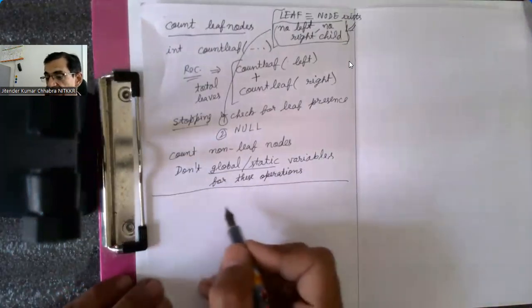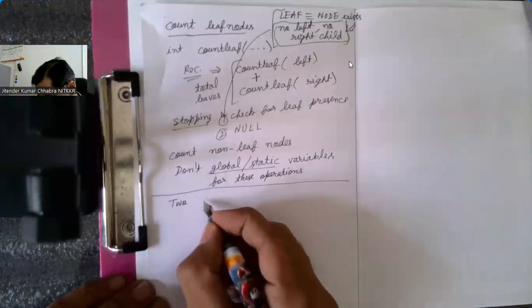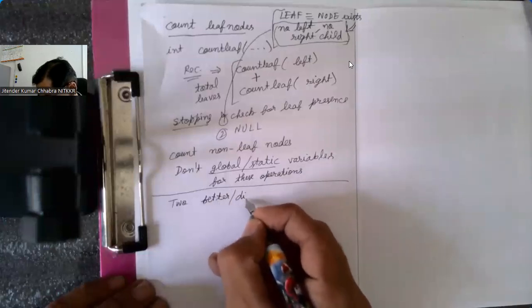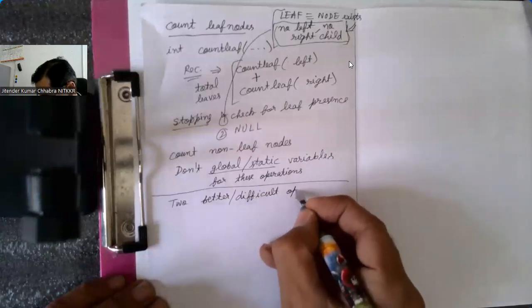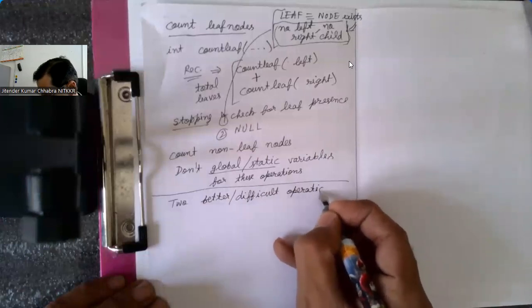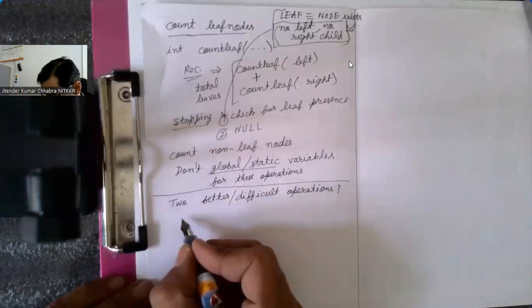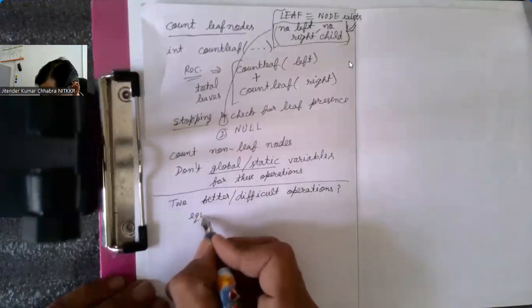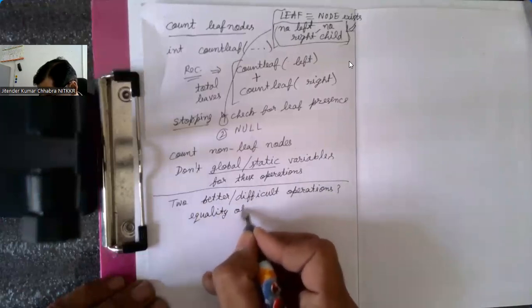So coming towards the end, I now have two more difficult or two better operations. Good students should be able to think in those terms. I'm telling you the operations to be thought; average students might not be able to think. I will say first is whether two trees are equal or not. Equality of two trees.